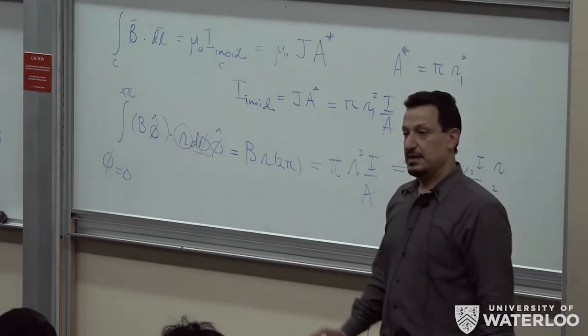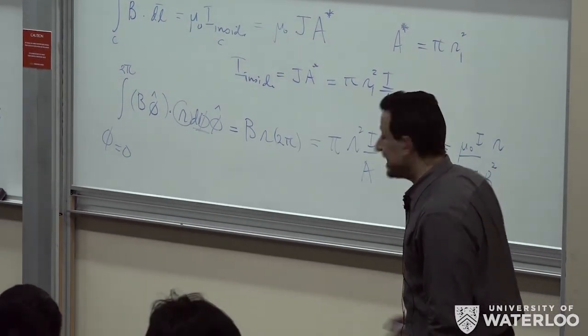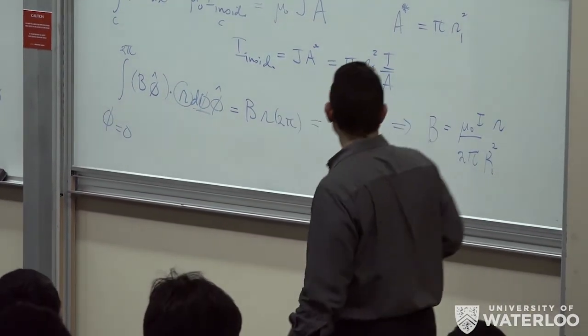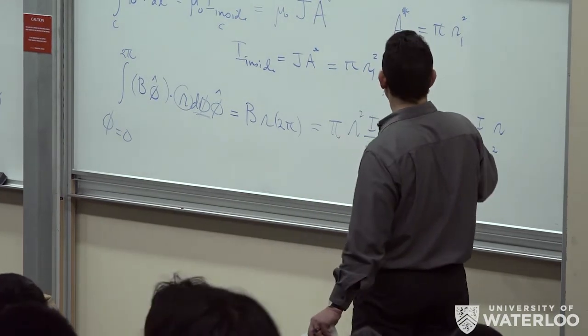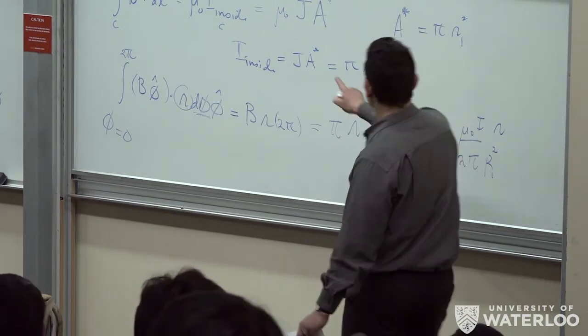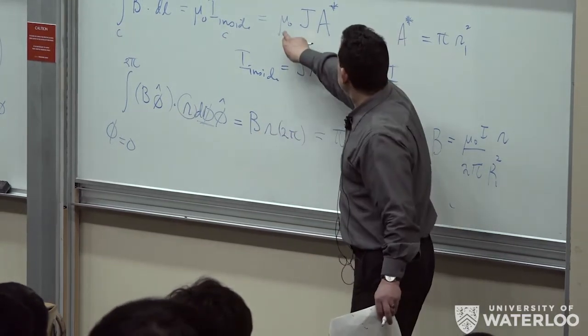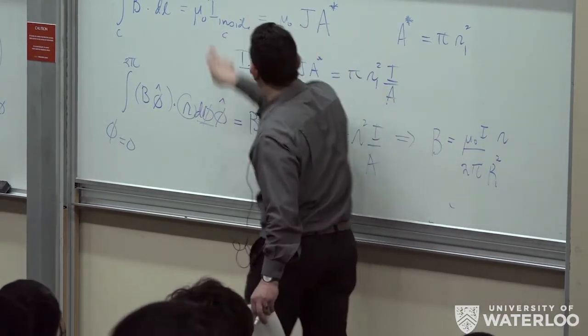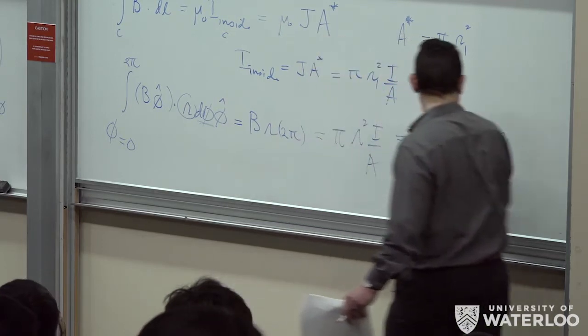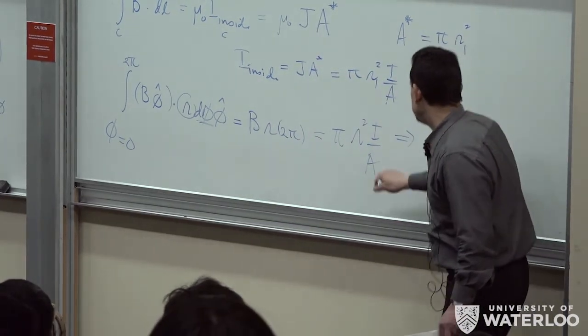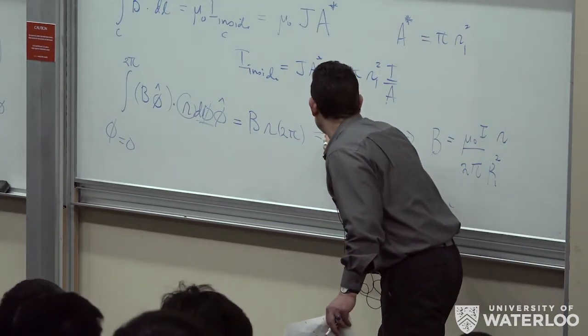Yes. Where does the mu naught come from? I'm sorry? The mu naught. Mu naught? Yeah. Mu naught, unless I, here. But it's also mu naught I inside. I inside is this. I inside, I put it here. I forgot it right here.